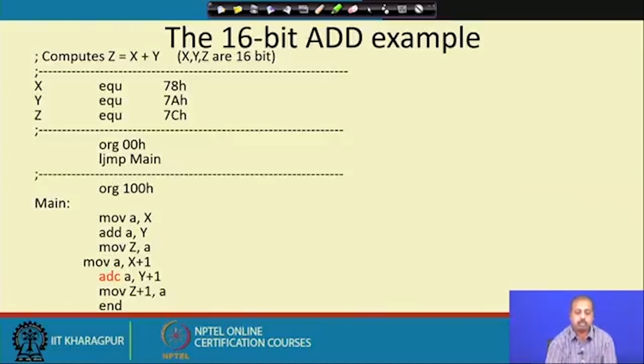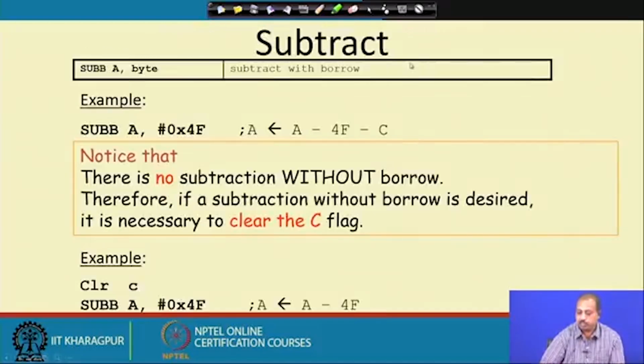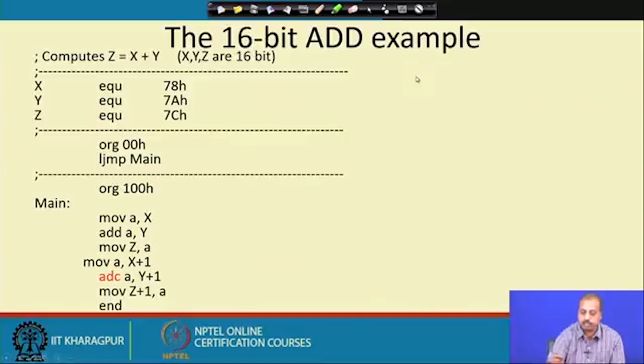So, now the individual numbers are 16-bit. We assume that at location 78 hex we have the number x.